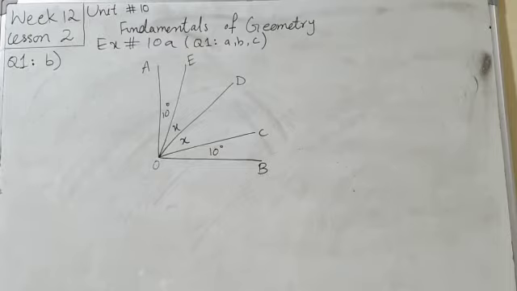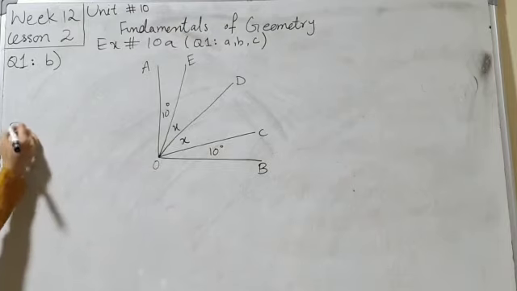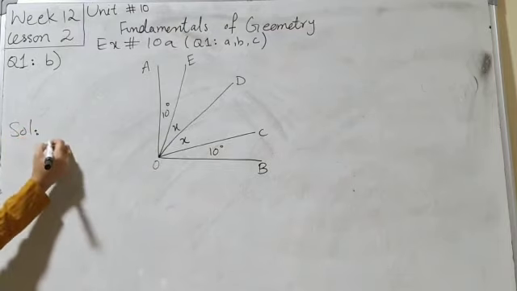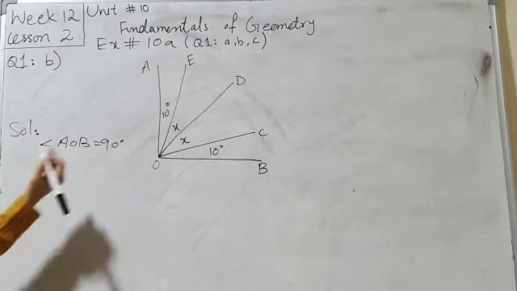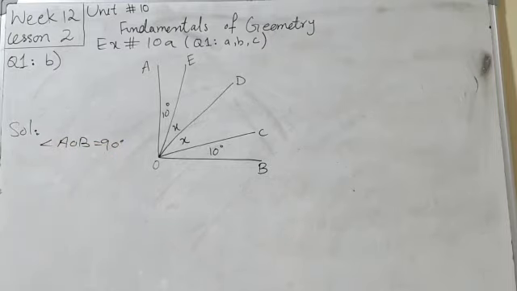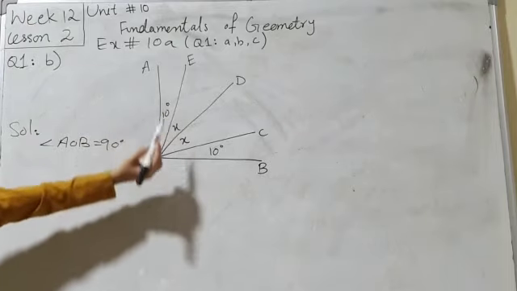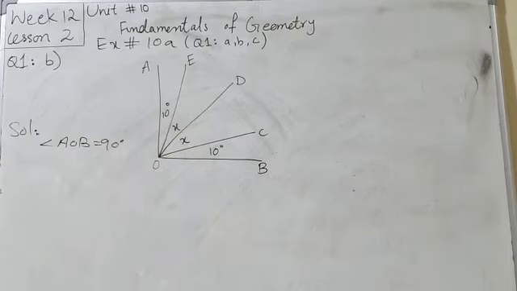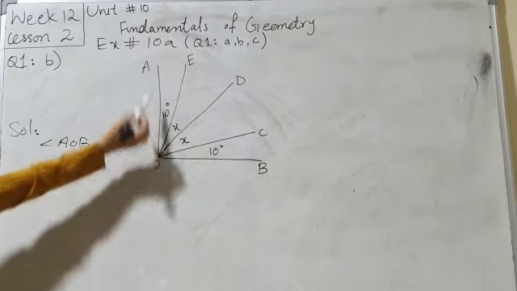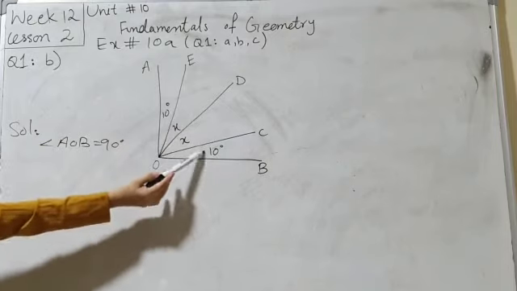You can see the figure that we have an angle AOB which is 90 degree, right? Angle AOB equals to 90 degree. We have to find the value of x, and there are two x written, which means the first x is EOD angle, and the second is DOC angle, and the rest of two angles, that is AOE, is given, it is 10 degree, and COB is given as 10 degree.